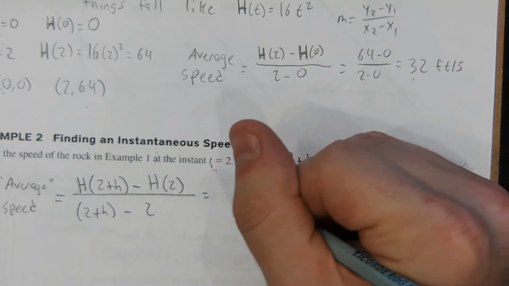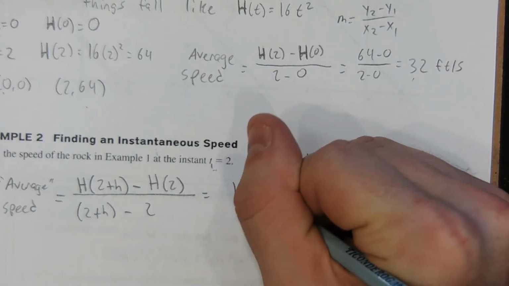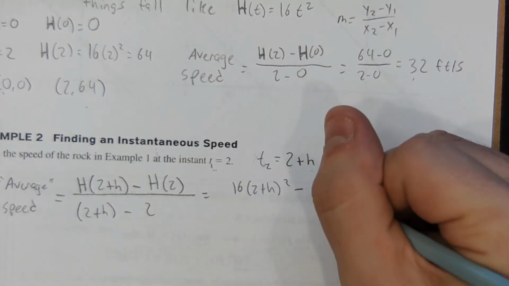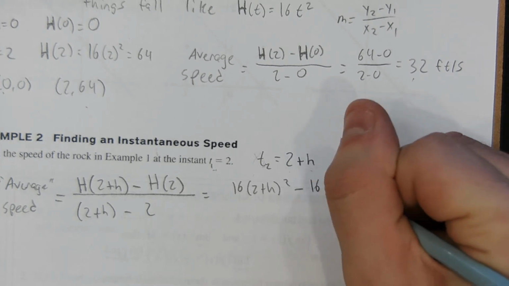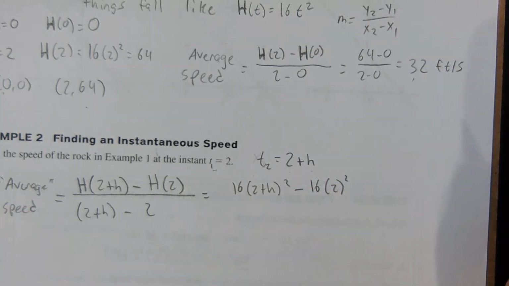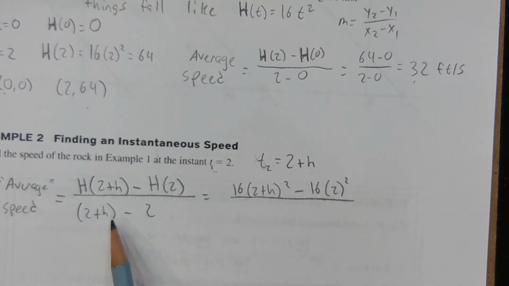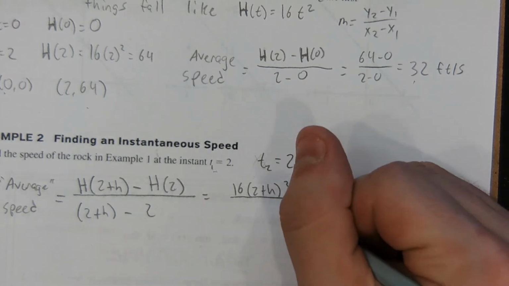So that's going to give me 16 times 2 plus h squared minus 16 times 2 squared, all over h. When you combine your like terms, these two 2's cancel, and you're left with just an h.